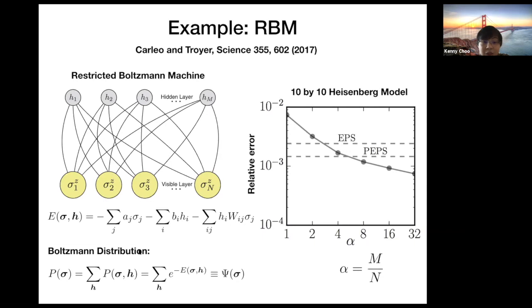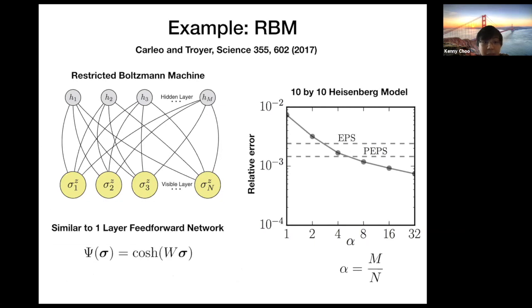Because it's restricted, you can marginalize over the hidden spins, and you get a very simple analytical form for the wave function. Okay, so with some simplifications, this restricted Boltzmann machine is very similar to a one-layer feed-forward network with a hyperbolic cosine activation function.